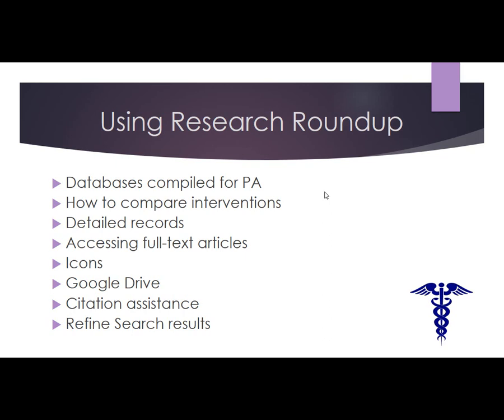Use the print and download icons above the PDF version for ease of use. I suggest using Google Drive if you have one for an even easier way to save and retrieve articles later. There is a computer-generated citation, but once again, you are responsible for its accuracy. Lastly, if you want to change your search terms or refine them, you can use the results list or refine search link in the upper left-hand corner.